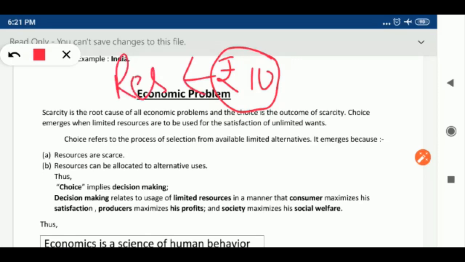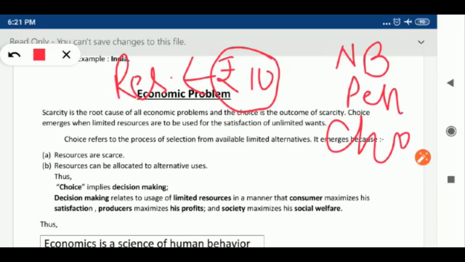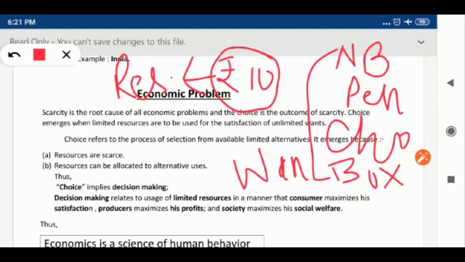You want to buy a notebook, you want to buy a pen, you want to buy a chocolate, or you want to buy a box, or anything you want to purchase. All these are your wants, all your unlimited wants. Not one want, there are so many wants to be satisfied by the consumer.